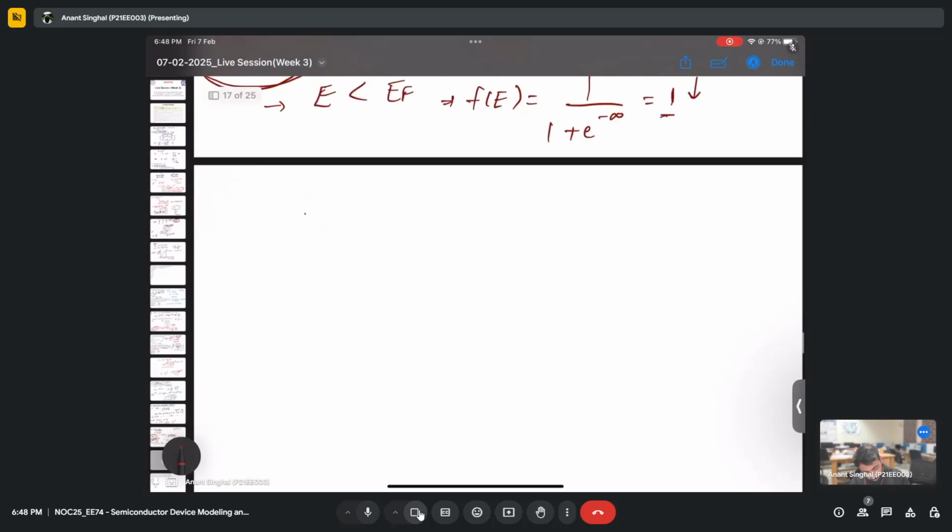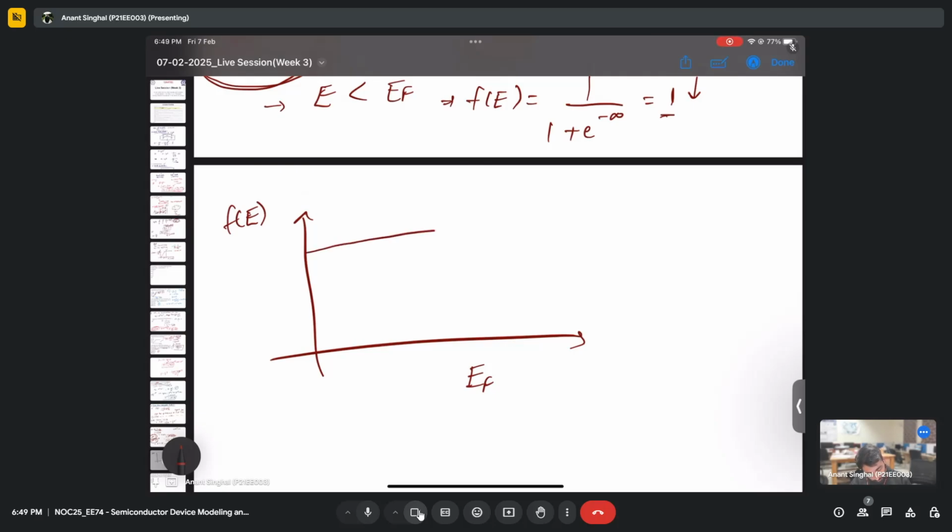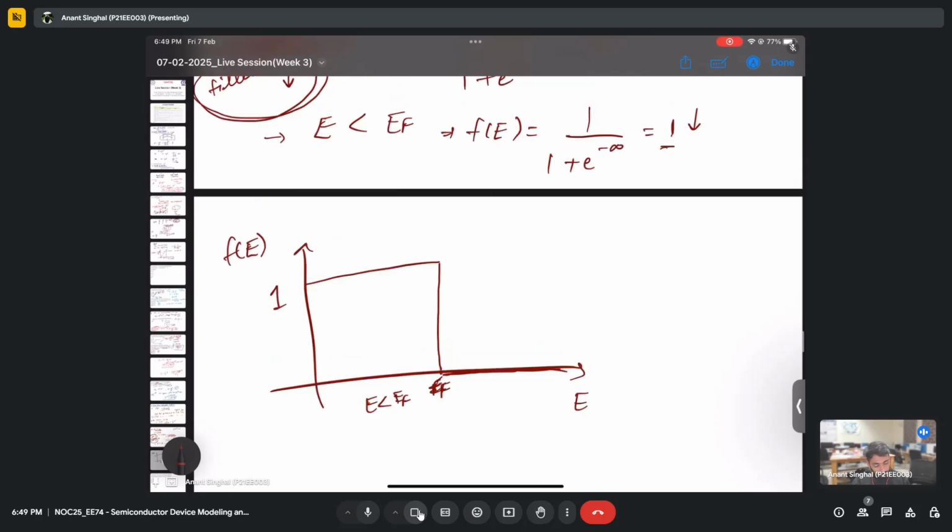Let me give a pictorial view that will clear your doubt, I guess. Let's say this is EF, and this is the Fermi function. Let's say this is 1 and this is EF, and this axis is E. So this is 0. You see that at E less than EF, the probability of finding an electron is always 1, and after that the probability is always 0.